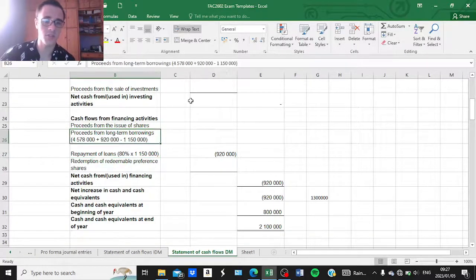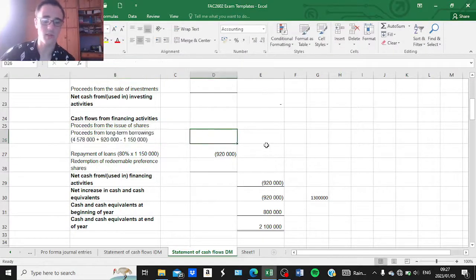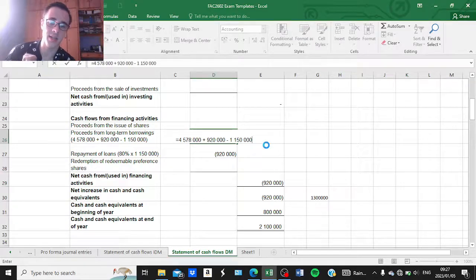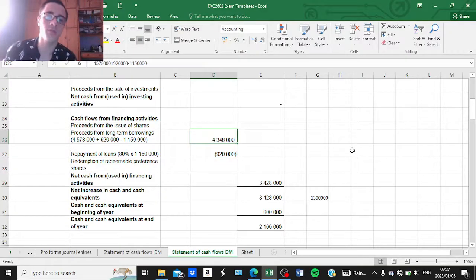This should give you the amount of the additional loan that was acquired during the year, and you should arrive at 4,348,000. This is the value of the additional loan that was acquired during the year in order to fund the acquisition of land.